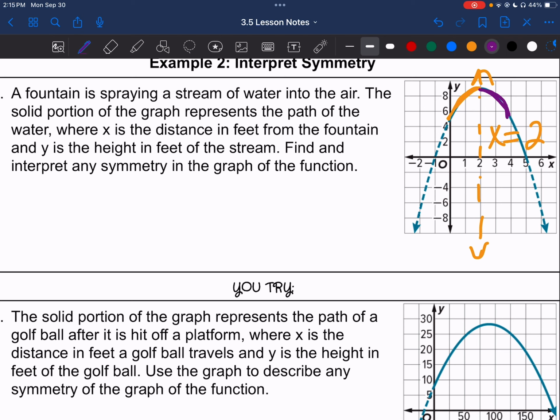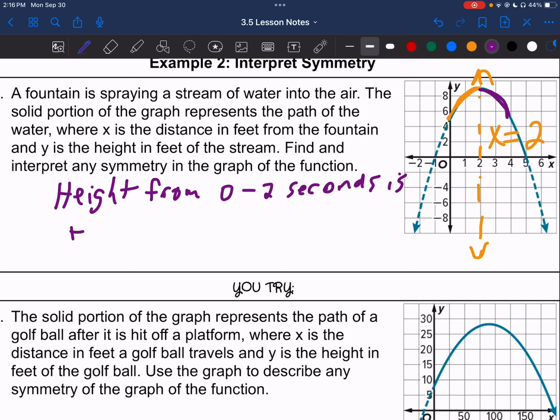So the height from 0 to 2 is the same as from 2 to 4 feet.